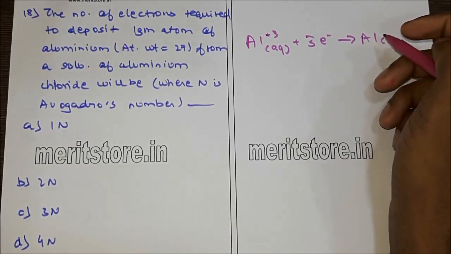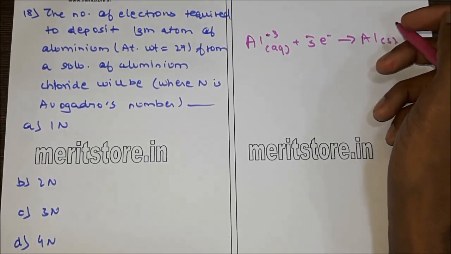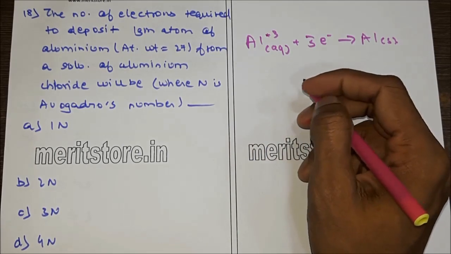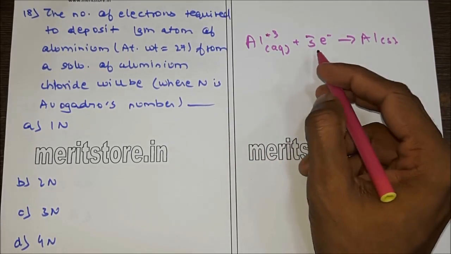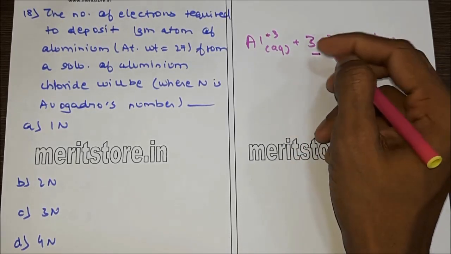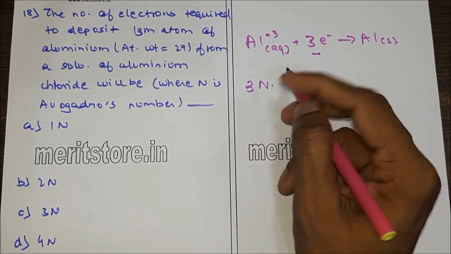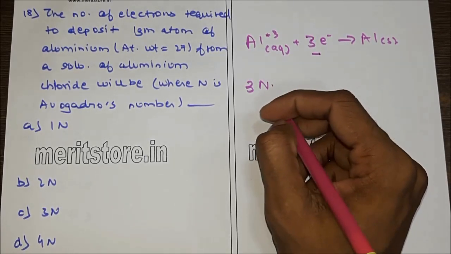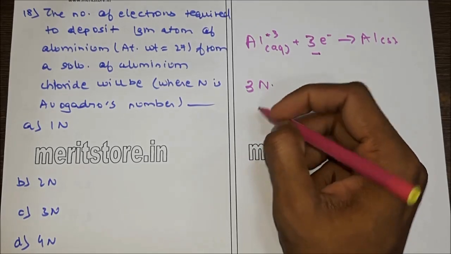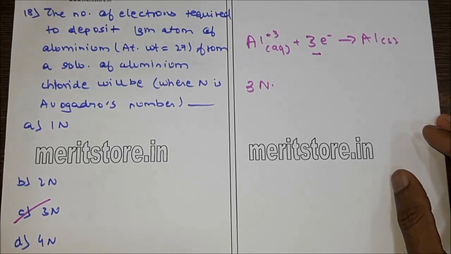That is, 1 gram atom is equivalent to 1 mole of aluminum. So 1 mole, that is 27 gram of aluminum, is deposited by a charge of 3 moles of electrons. So 3 Avogadro's number of electrons are required to deposit 1 gram atom of aluminum. That is, option C is the correct answer.